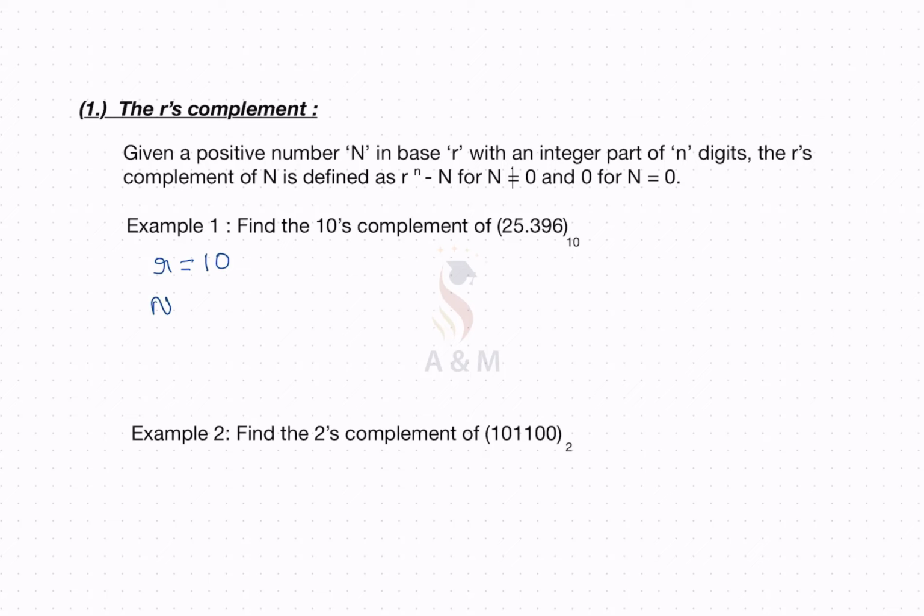N is equal to 25.396, and n, which is the number of digits in the integer part, that is 2 and 5. The total number of digits in this integer part is equal to 2. That is nothing but n.